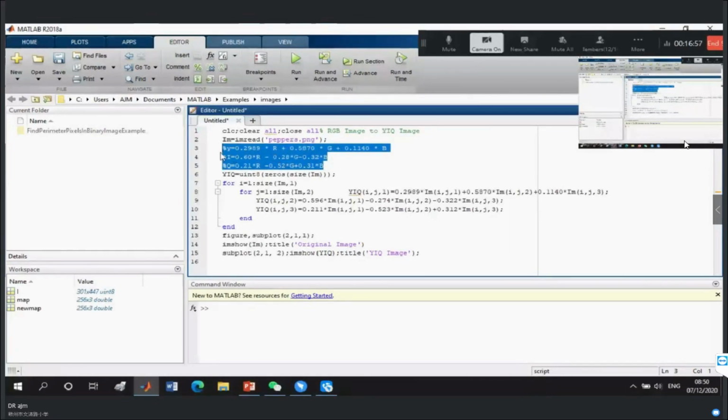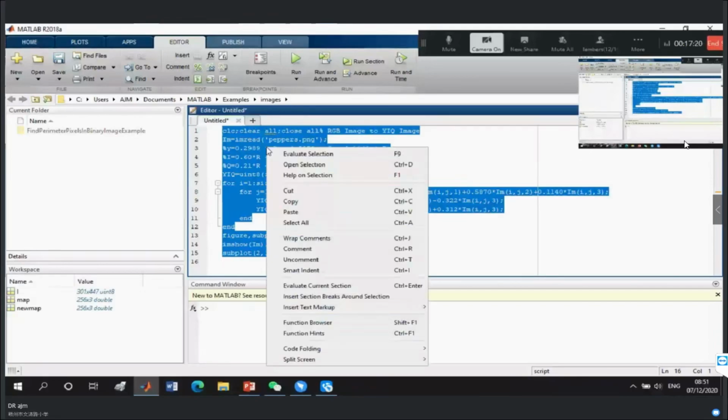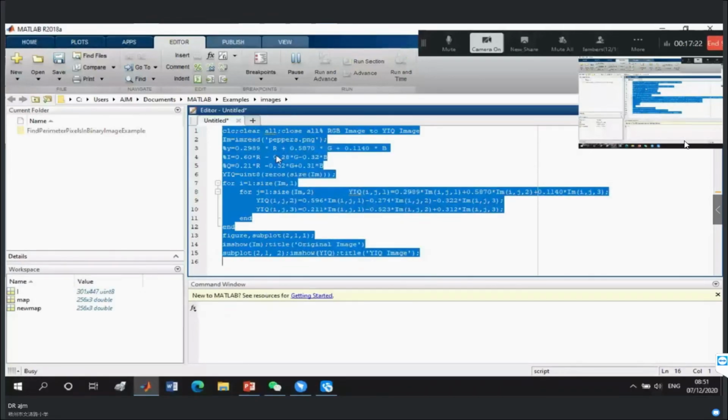For the Y, we have this formula. For the I, we have the next, and Q are mentioned here. We implement the formulas inside our MATLAB code. Purposefully, I put the theoretical parts here so that you can read them and better understand the matrix form that we showed. Let us run this code.